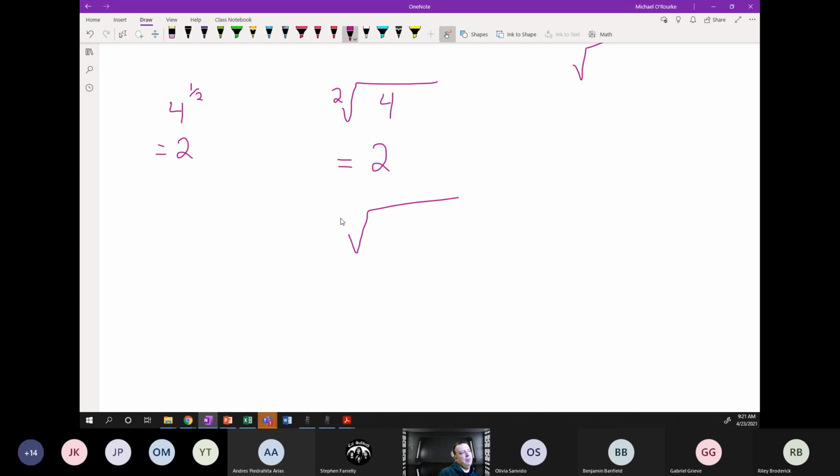Let's do the third root of 27. If we look here, let's go 27 to the 1/3. That should be a 3.